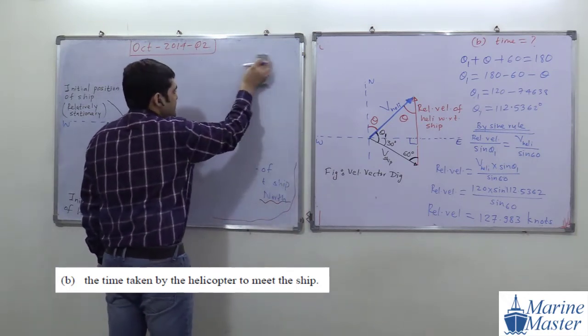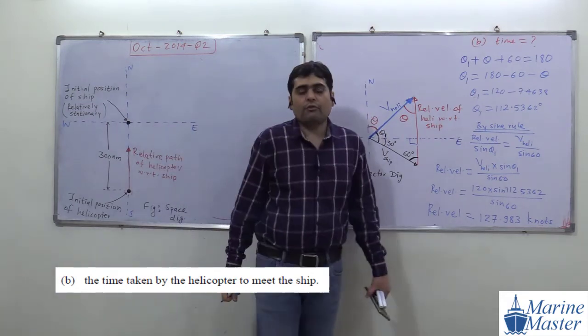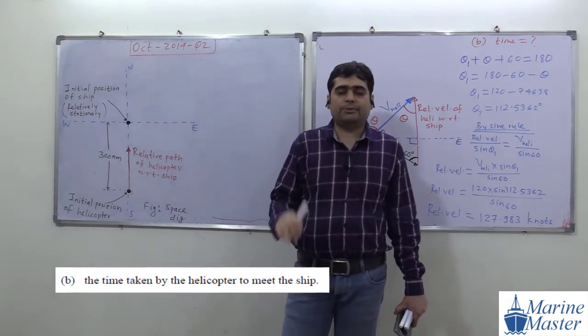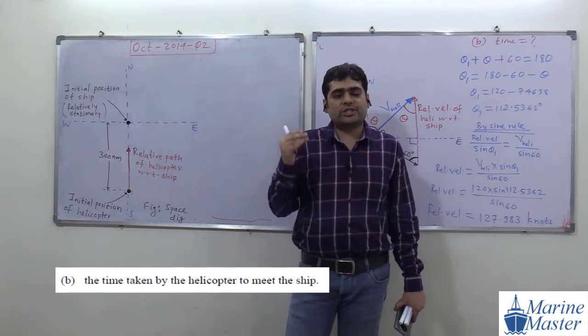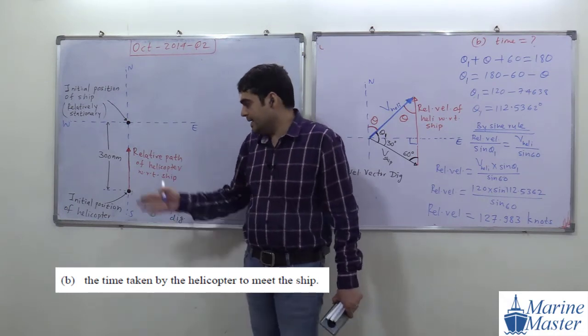Once we got the relative velocity, for time what do we need, guys? Distance. What will be the relative distance traveled by the helicopter here? It is 300 nautical miles.